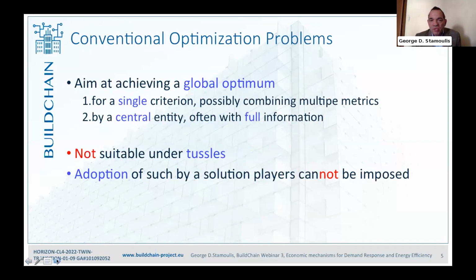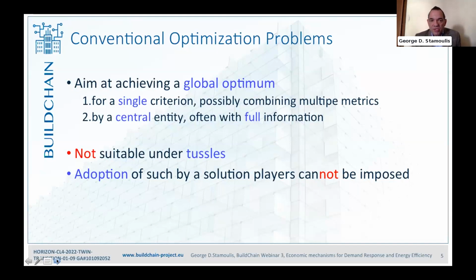So conventional optimization problems used to aim at achieving a global optimum for some single criterion, possibly combining metrics of interest to multiple providers, and at the same time they would assume that there was a central entity possessing often full information for solving this complex global optimization problem.